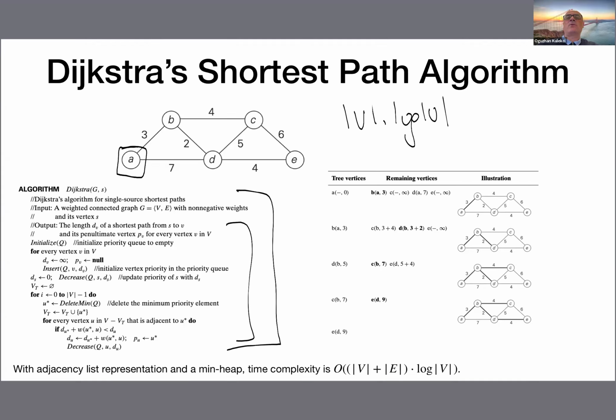And updating those priorities can be as much as the number of edges in this graph. And that brings another cost of E times log V. So in total, you have that much complexity. Again, we assume that we are representing our graph with an adjacency list.